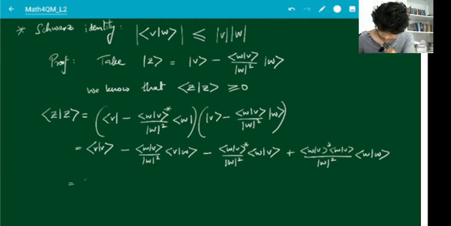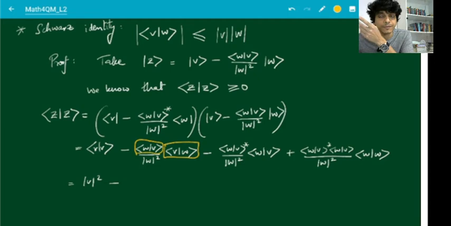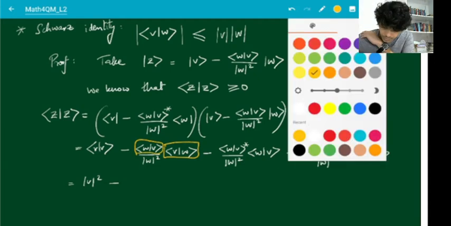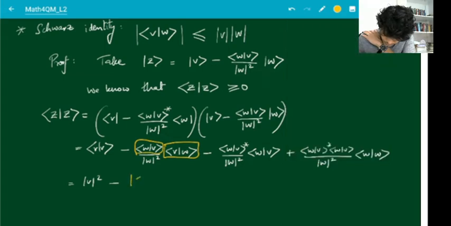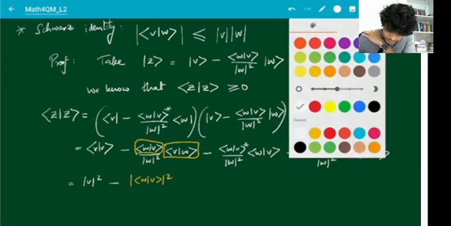This is just mod v squared. w v and v w are complex conjugates of each other, right? By definition, whenever you flip the inner product you get the complex conjugate. So this is just the mod square of that.